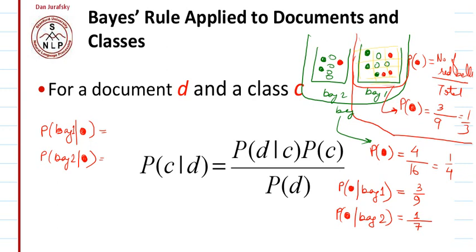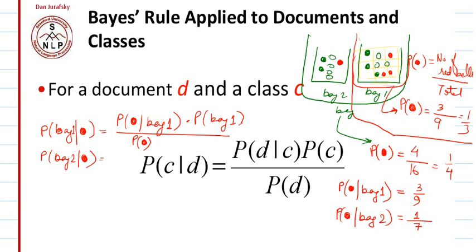I am given the red ball and I want to calculate the probability of the bag, so this is again the other way around. So the probability of bag 1 given red can be calculated as probability of red given bag 1 times probability of bag 1, divided by the probability of red.